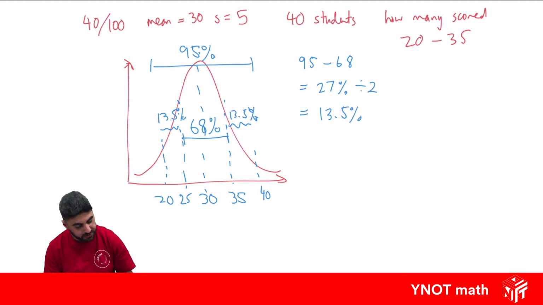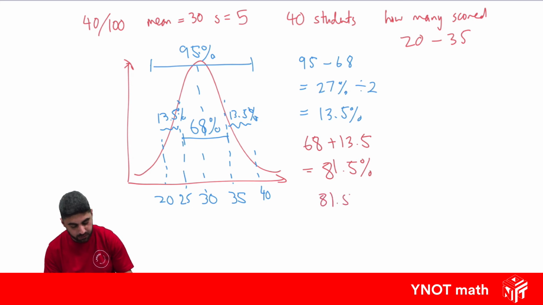So now we can work out the percentage of students who got between 20 and 35. Between 20 and 35 is from here to here. So we can just add the 68% with one of the 13.5s. So we're going to go 68 plus 13.5, and that's going to give us 81.5%.